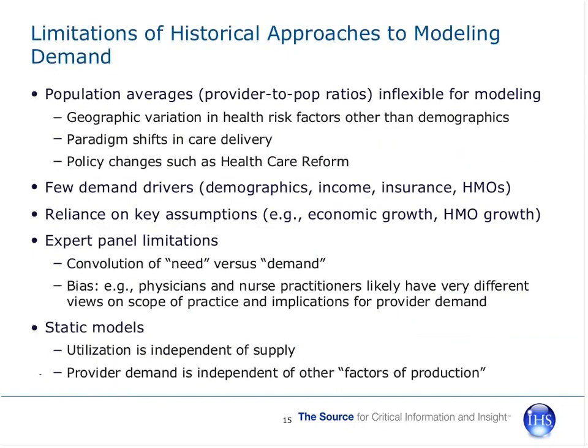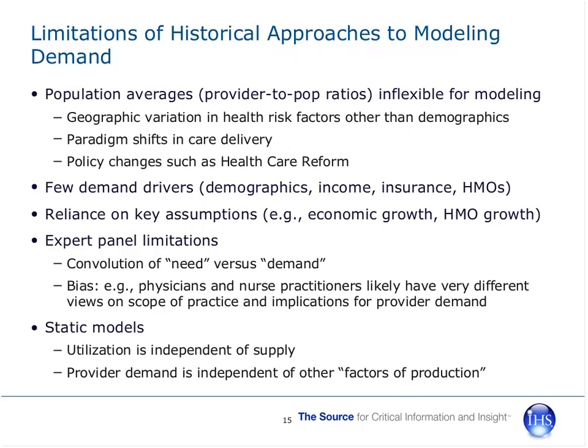Okay, so some of the limitations of the historical approaches to modeling using these population-based ones, the main problems with them were the inflexibility in modeling changes in policy and modeling changes in care delivery patterns. Now, they did use historical data on healthcare use patterns and healthcare delivery patterns, but relatively little flexibility to modify those to be forward-looking.